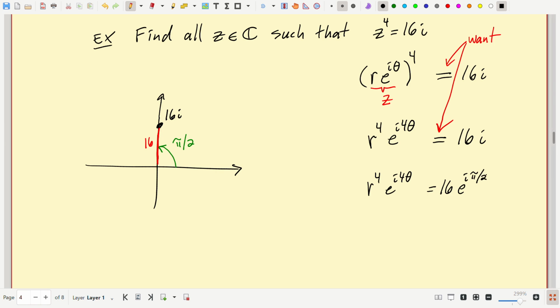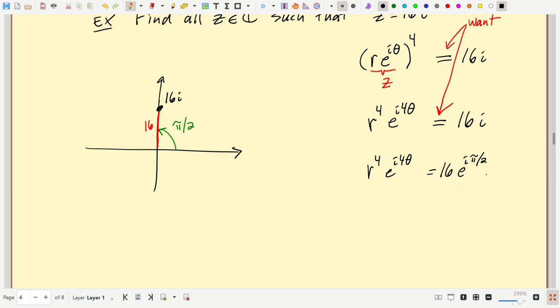Of course, in the polar form of a complex number, that r has to be a positive thing. And so we see that the radius part is the obvious thing. r to the fourth has to be equal to 16. If I'd made this minus 16i, I'd have a different angle, and my radius would still be positive 16. So that's a possibility you need to take into consideration.